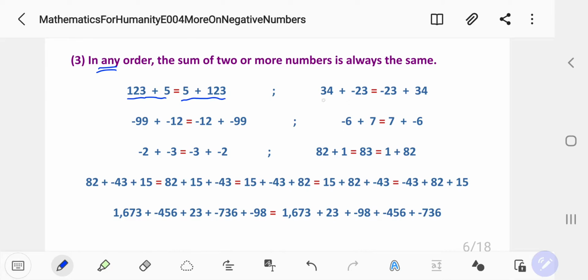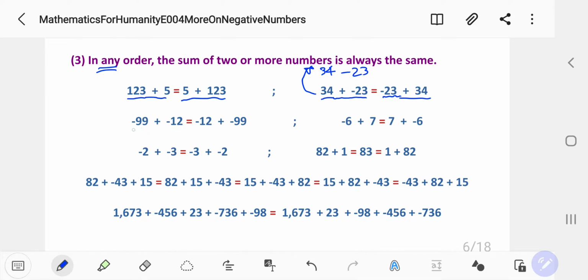Or if you add 34 plus negative 23, that is equal to negative 23 plus 34. By the way, in the previous lecture, we knew that this one you can write as 34 minus 23.